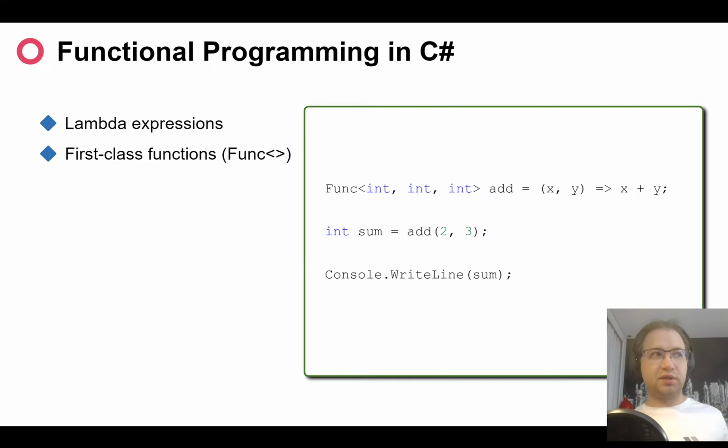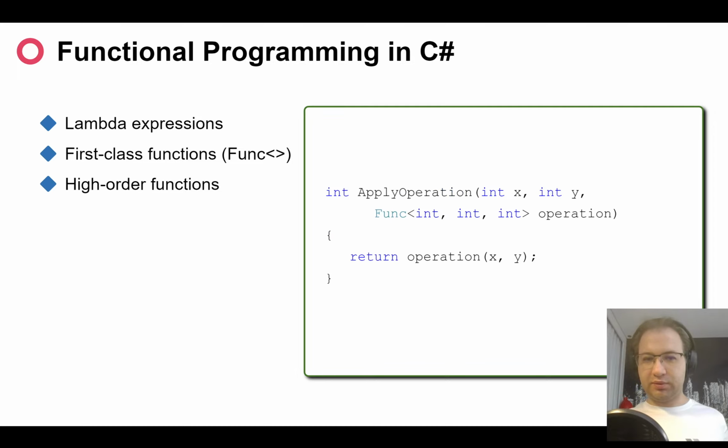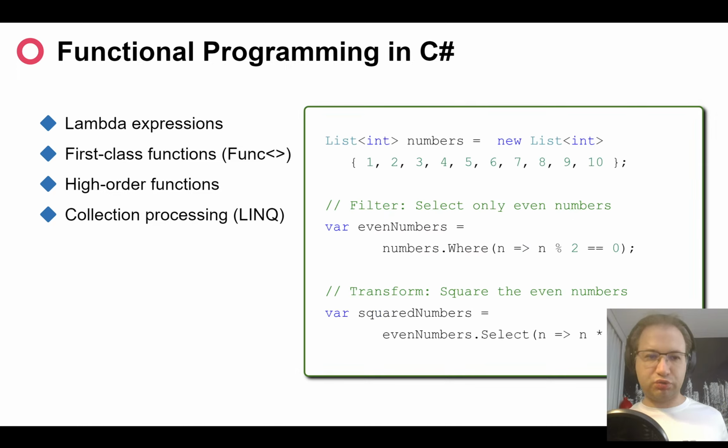Delegates have been implemented in C# earlier than other functional features, if I'm not mistaken. So kind of they implemented functional programming before they implemented functional programming, actually. So yes, you can pass those Funcs around. They are first class, and there are higher-order functions for sure.